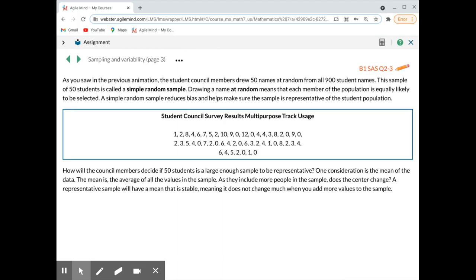And so that actually would have helped you answer question 2 in your workbook. What did question 2 say? Give examples of the following terms. You may use the context of the Hillcrest Middle School's survey for use of the multi-purpose track and tennis court.